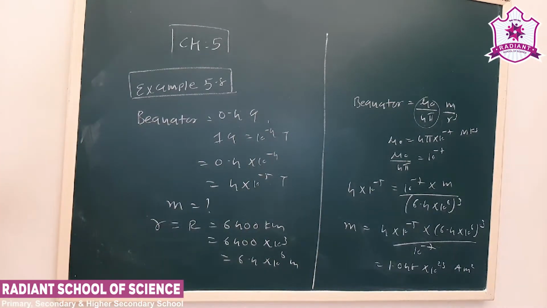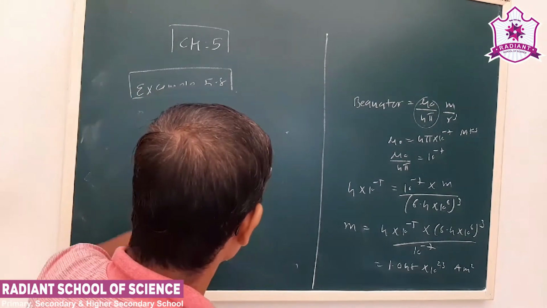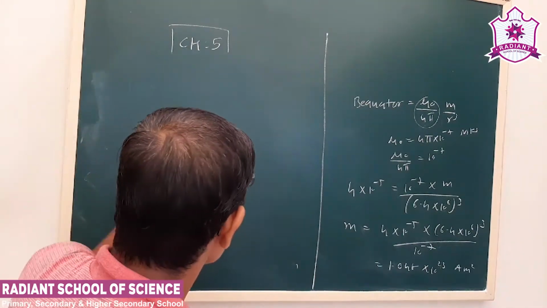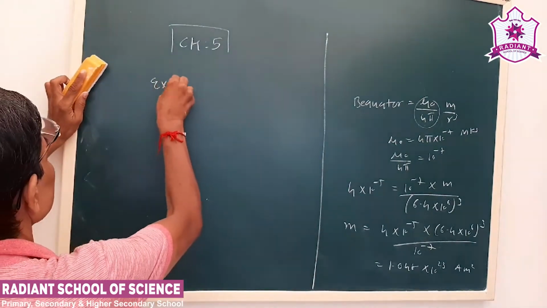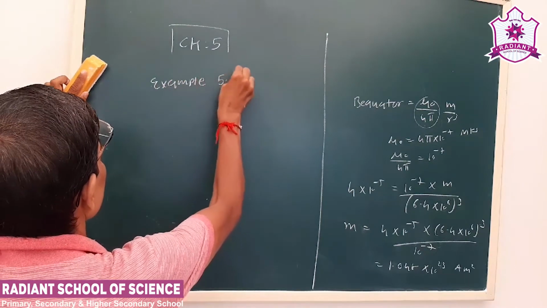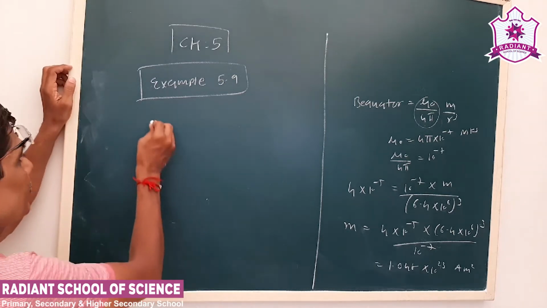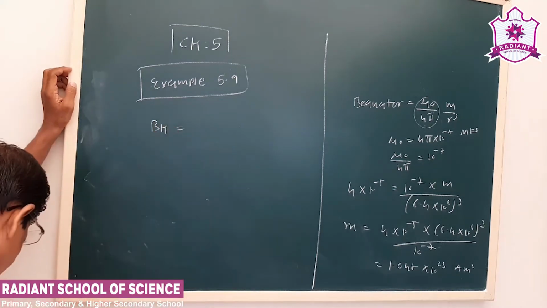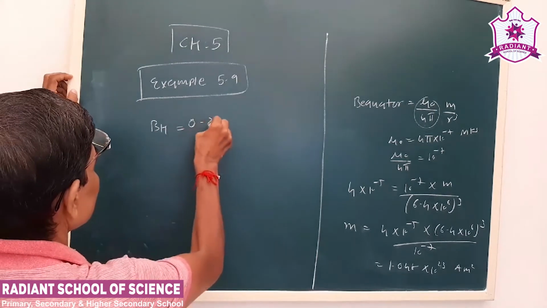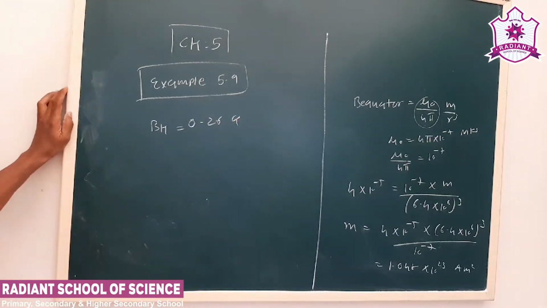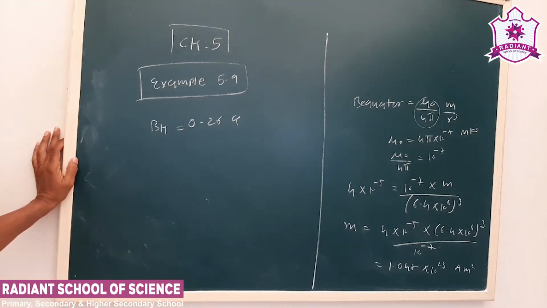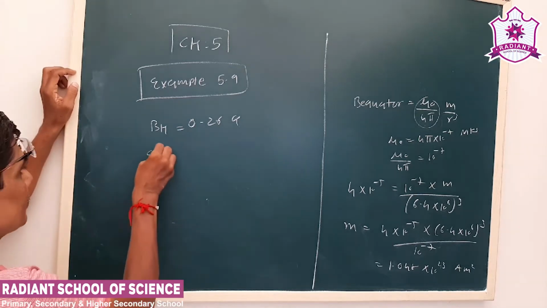Now see our next question, example number 5.9. At a certain place on the magnetic meridian, the horizontal component of the Earth's magnetic field, BH, is 0.26 Gauss, and the angle of dip is 60 degree.